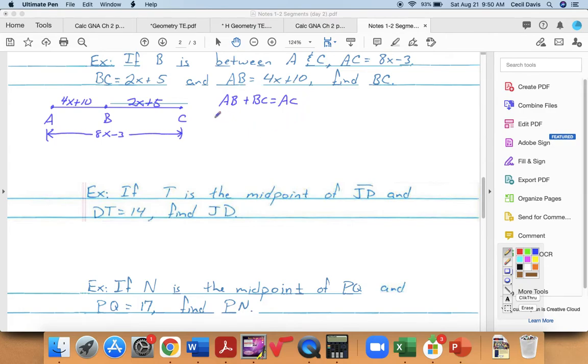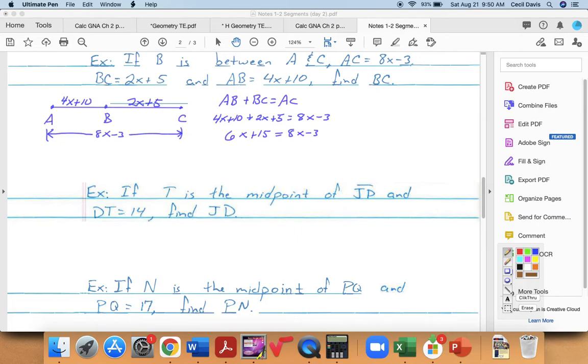So the length of AB, I know that that's 4x plus 10. The length of BC is 2x plus 5, and the length of AC is 8x minus 3. Joining the like terms here, that's going to be 6x plus 15 is equal to 8x minus 3.